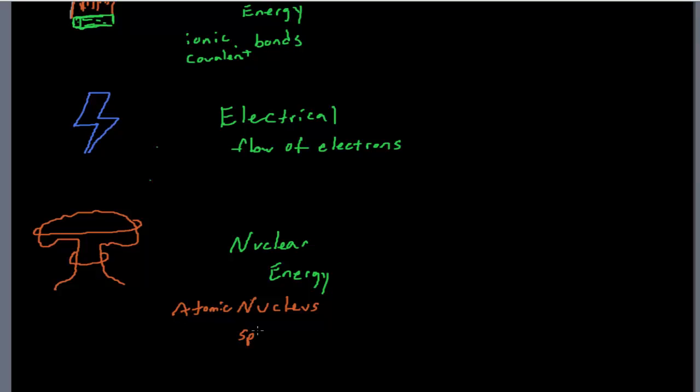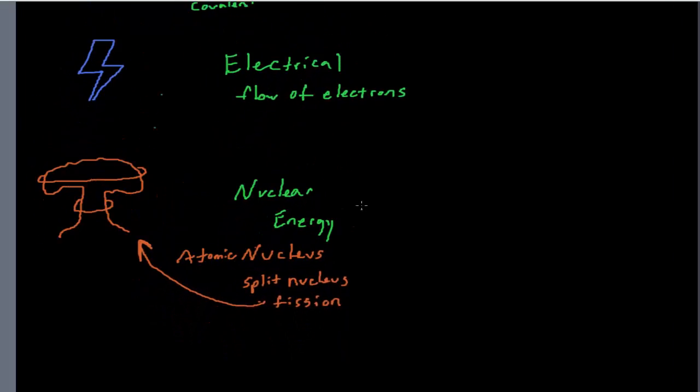You can split the nucleus. That's called fission, with an I. That's what you get with the atomic bombs dropped on Hiroshima and Nagasaki. They came from splitting the nucleus of an atom, fission.